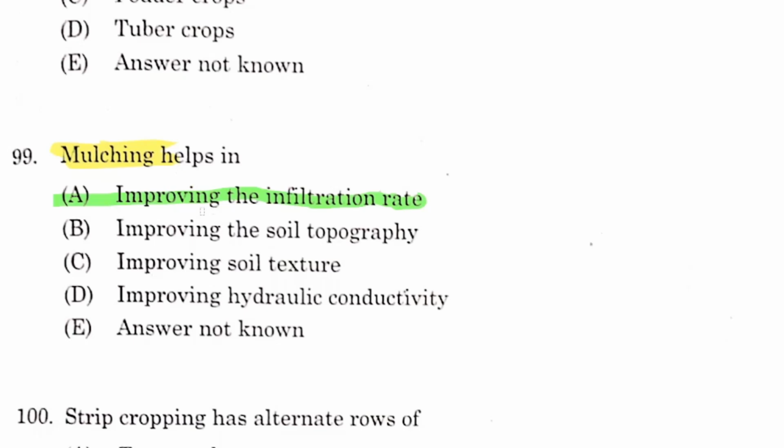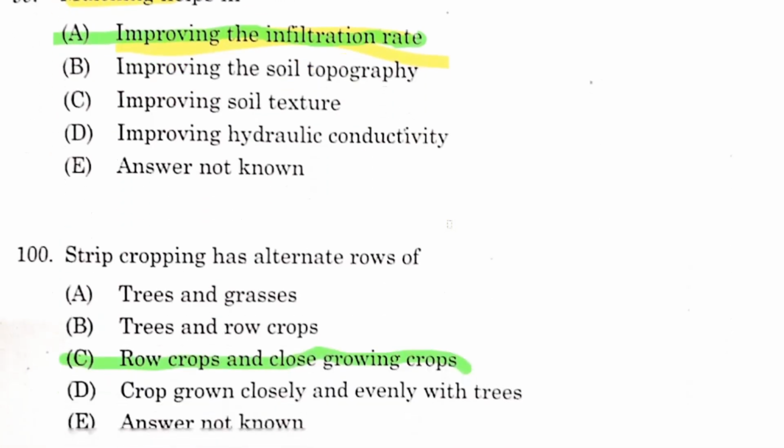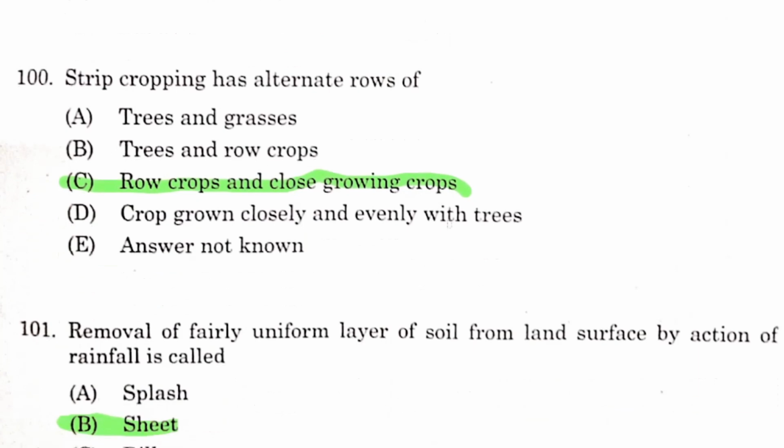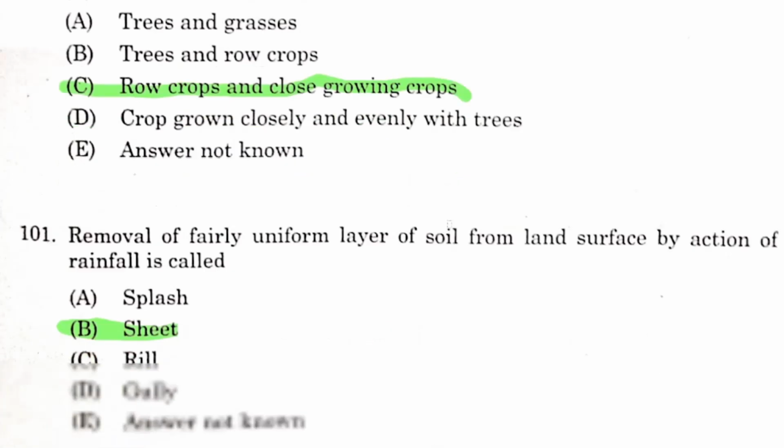So that is improving infiltration rate. So option number A is correct here. Strip cropping has alternate rows of row crops and close growing crops. Option number C is correct.